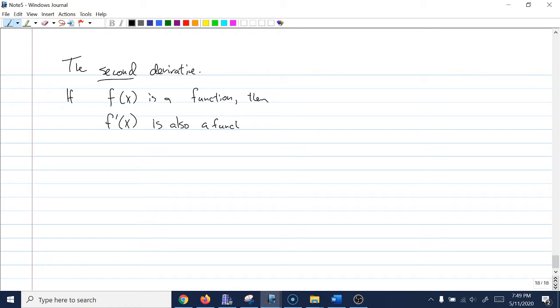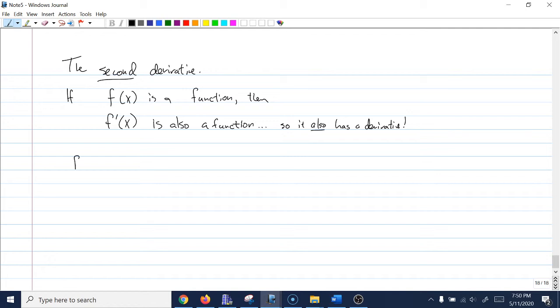That was the name of section 2.2. Well, if f prime of x is also a function, it also has a derivative. What do we give that a name?